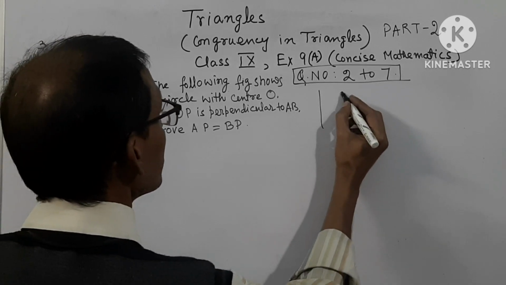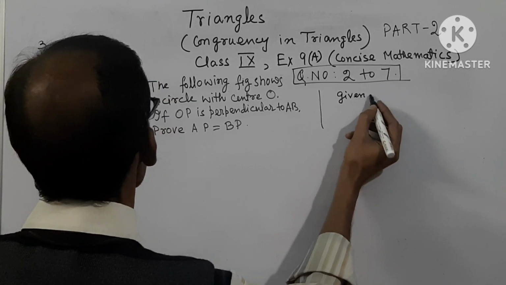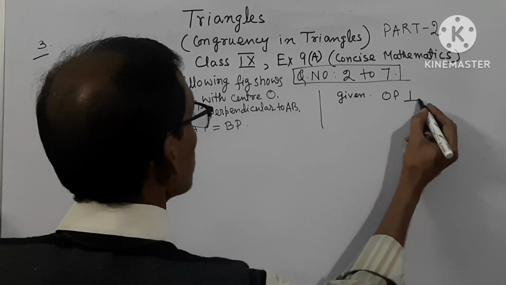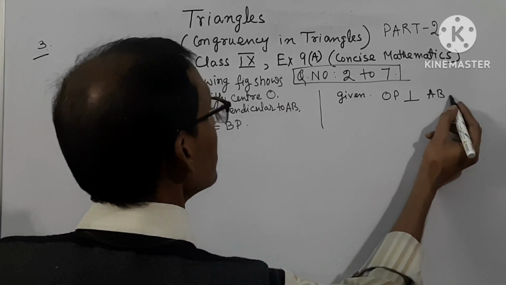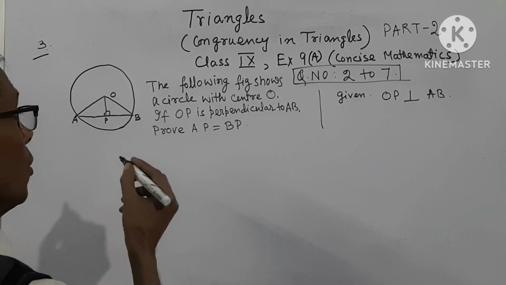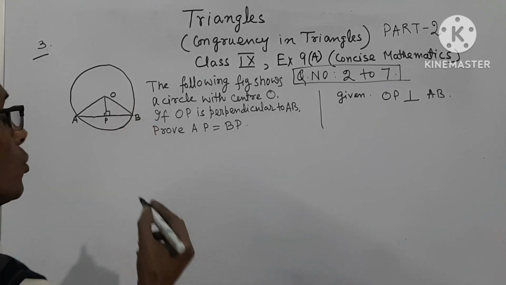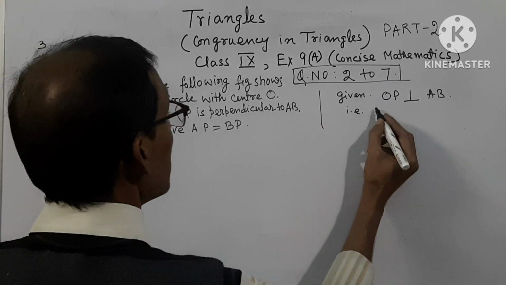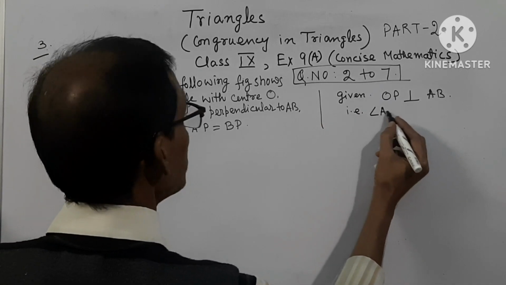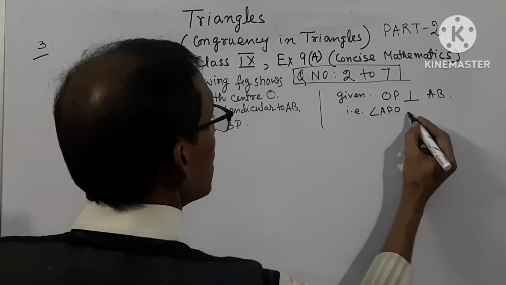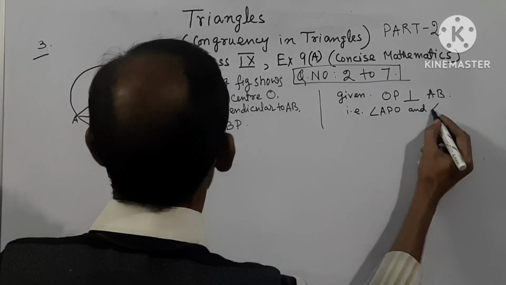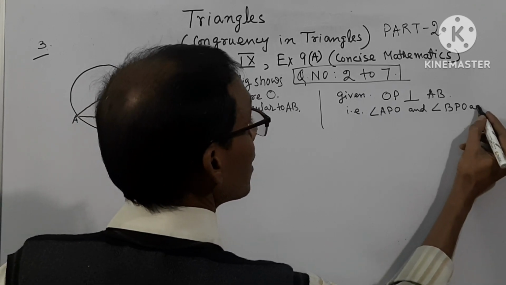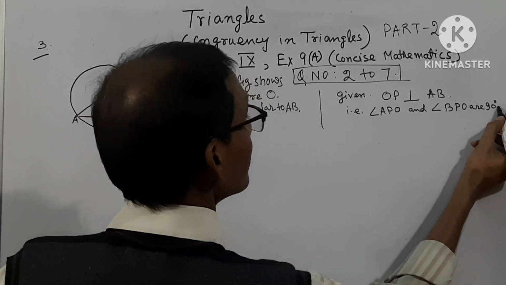It is given OP is perpendicular to AB, and we know now if OP is perpendicular to AB, that means angle APO and angle BPO are 90 degree.